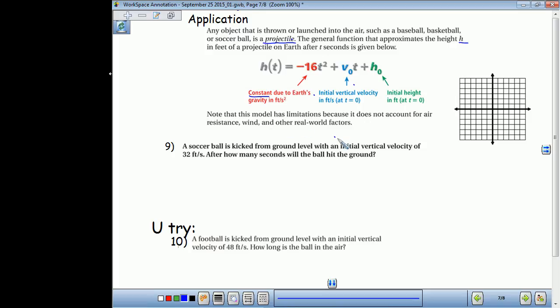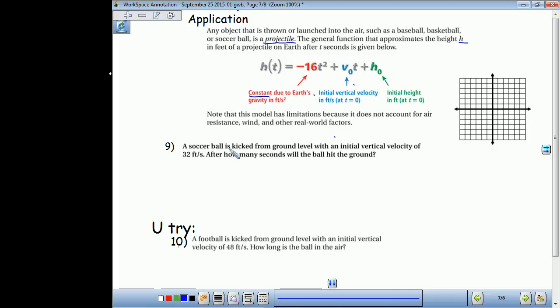It's not accounting for other real-world factors that might affect. But it's a pretty good model because sometimes we have to go pretty high for the wind to matter. If we hit a line drive in baseball, it's not going to be affected by the wind so much versus if we hit one that goes up. Anyway, so this is a good model for us.